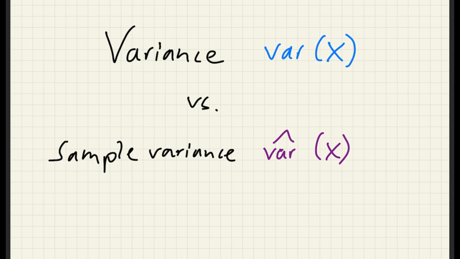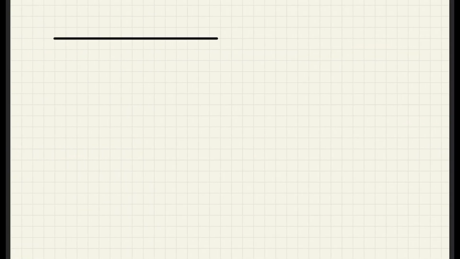To compute a sample variance, we of course need to have a sample. So for a random sample, we usually label the observations by a running indicator that we often call i, and we'll just call them 1, 2, 3, 4, and let's say that this is how many observations are in our sample.